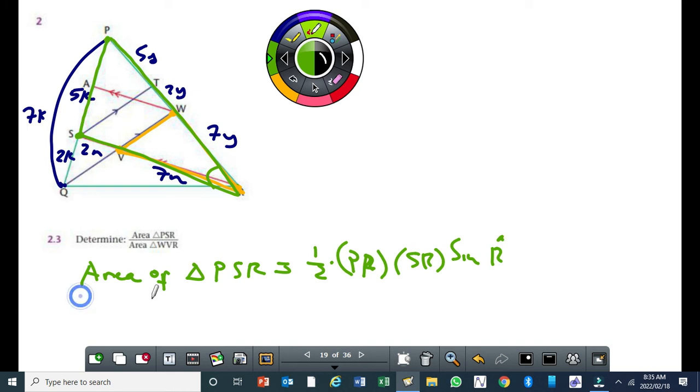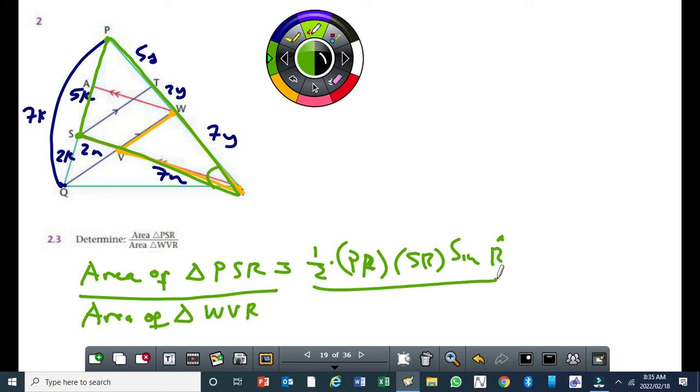Then the area of triangle WVR is going to be equal to what? It's going to be half times WR times VR, right? Times sine R. Okay, I'm sure you can see that some of the terms will cancel out.